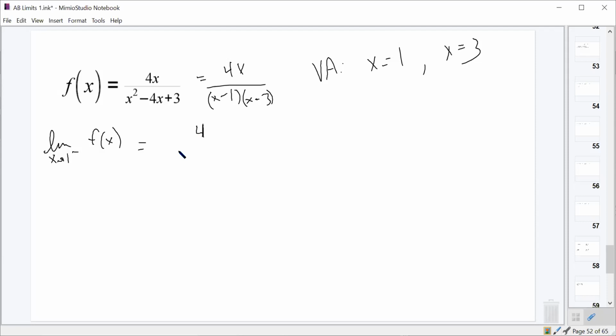It's going to be just under 4, but 4 is good enough. 1 from the left makes this a very small negative. And then 1 minus 3 gives us negative 2. So the negatives will end up canceling. And we have 4 divided by a very small positive down here, which should be infinity.